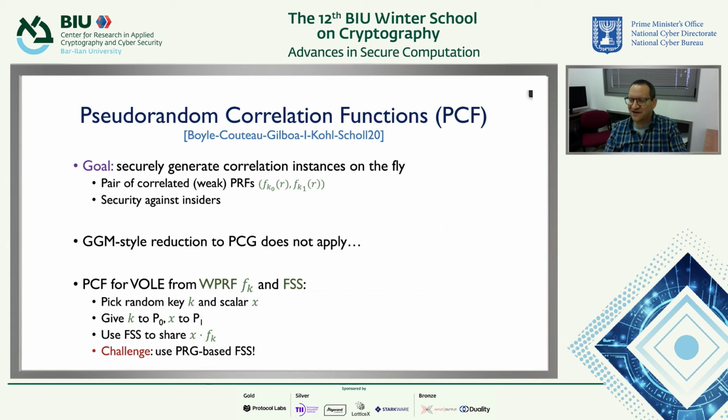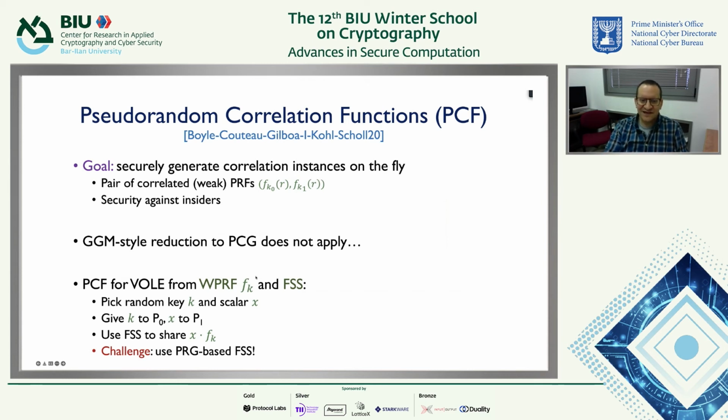That is, I cannot only share a pseudorandom function f sub k, think of the output as being over some finite field, but I can also secret share using FSS any scalar product of the function. This is not needed for the OT or OLE application, but think of it for simplicity.